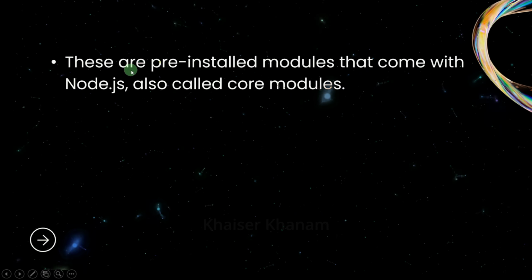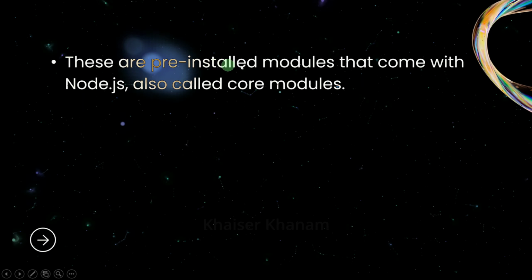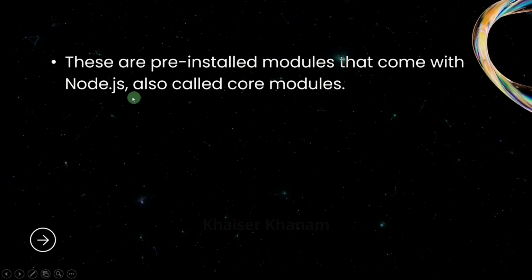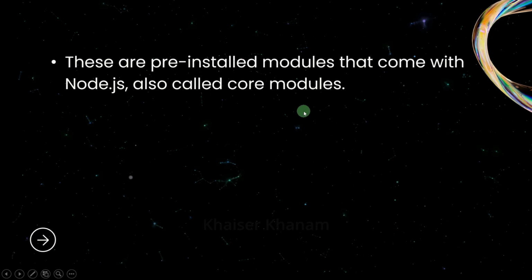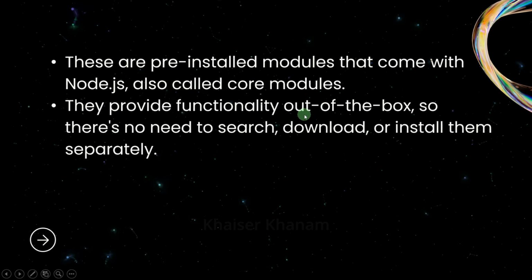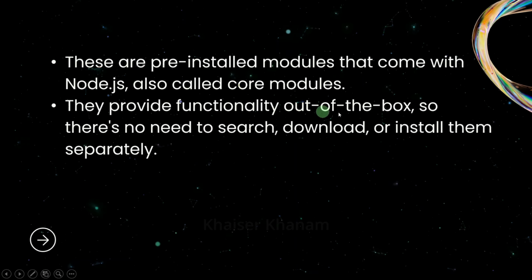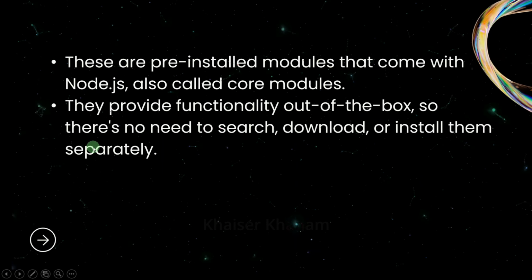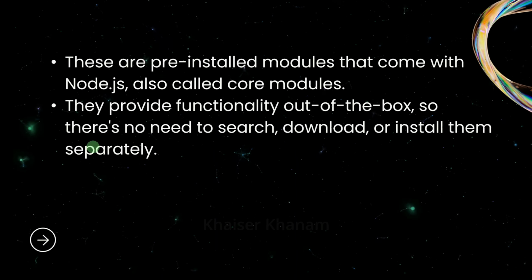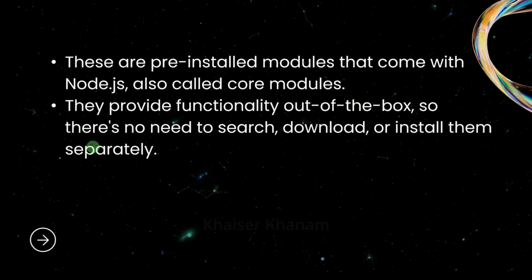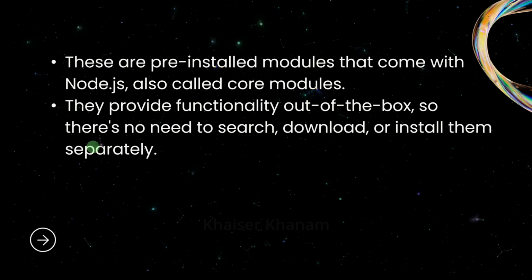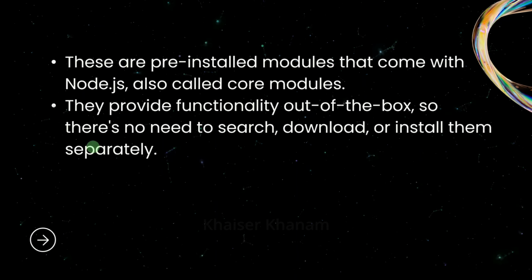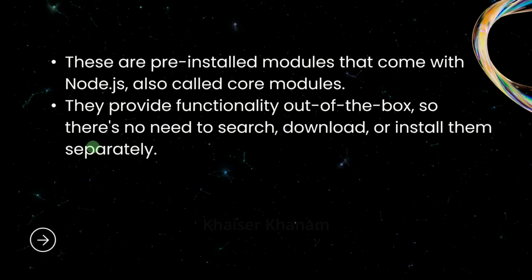These built-in modules are nothing but pre-installed modules that come along with Node.js, and they are also called core modules. They provide functionality out of the box, so we don't have to search anywhere, download them, or install them separately, as these are pre-installed and we directly get access using Node.js.